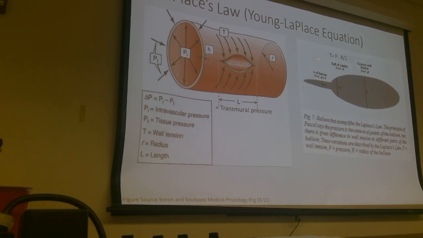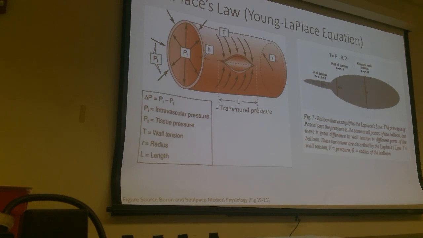Sorry, the formula is shown there. For a cylinder, it's pressure times radius divided by 2. Oh wait, I think that is the sphere.